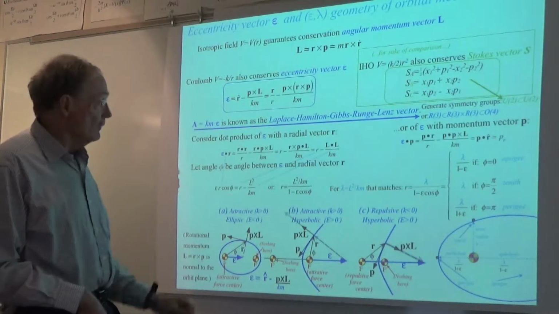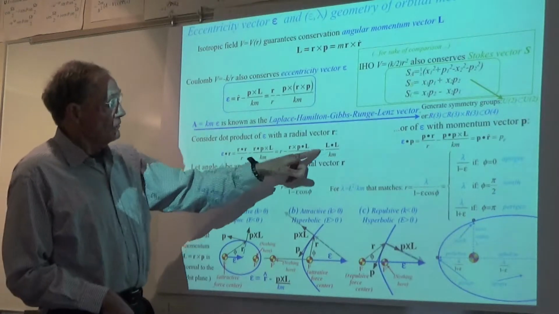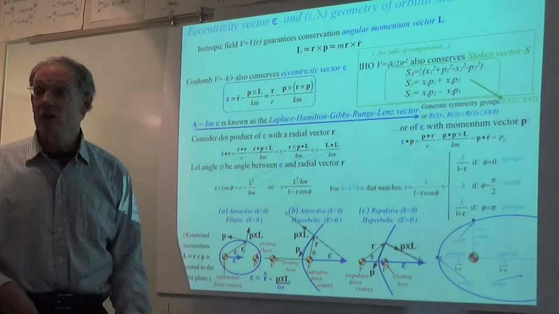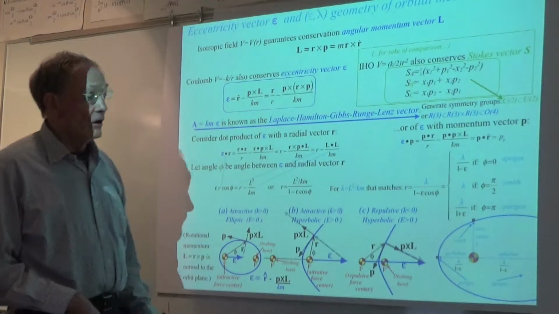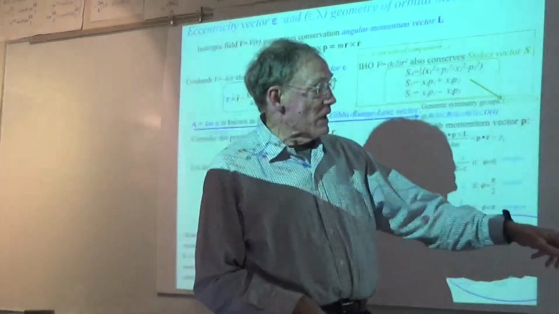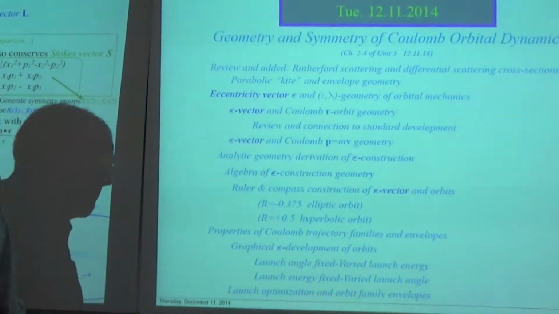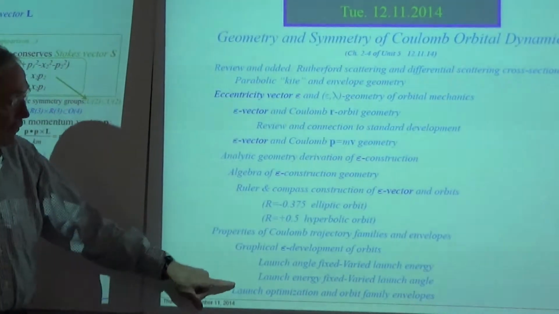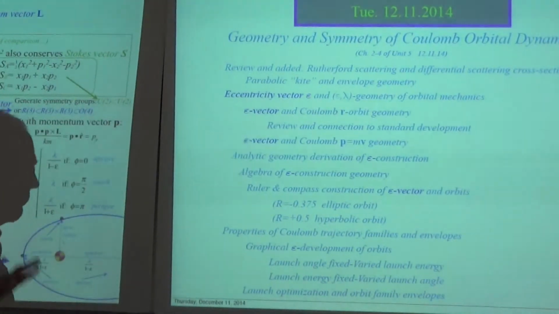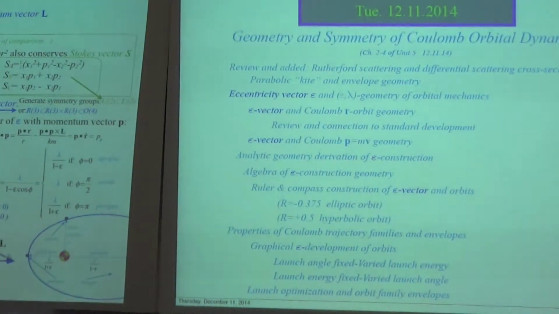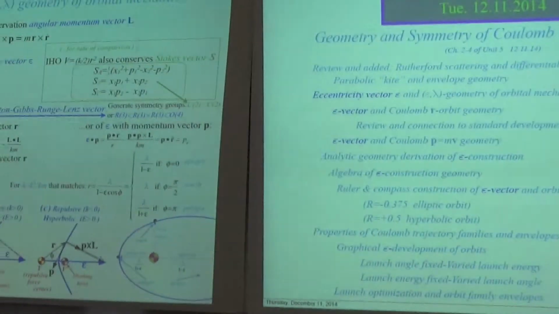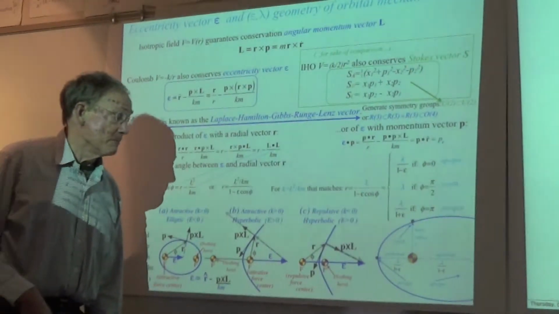So we're going to use it today, and show you some more things about it, in particular toward the end today, when I show you the graphical development of orbits, and particularly the launch optimization, things that you can do with this vector that would be hard any other way that I know of.